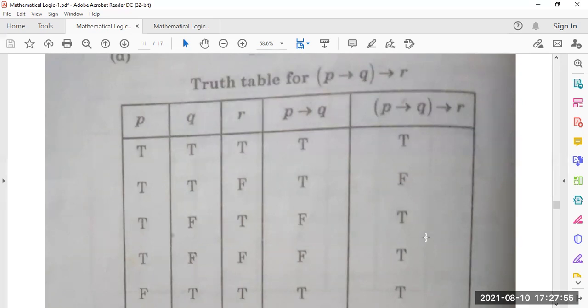Only we have to remember what is the truth table for implication, for biunion, what is the truth table for intersection, for negation, for contrapositive, for inverse, and for converse.